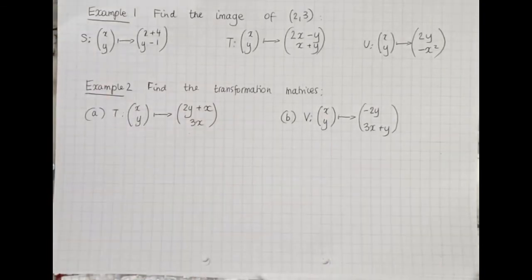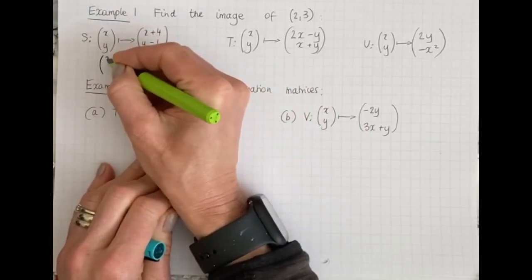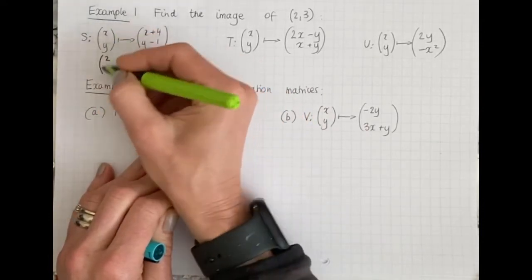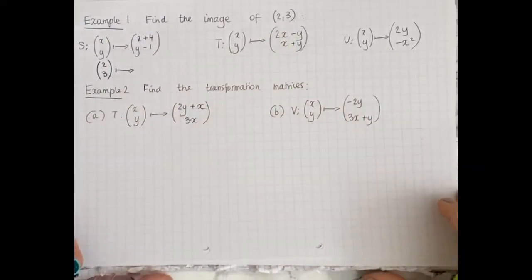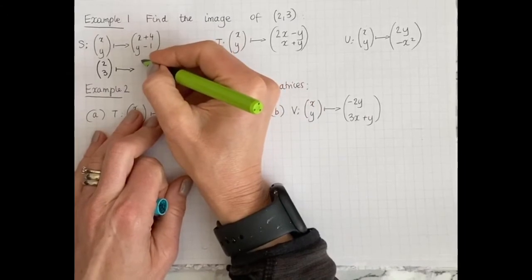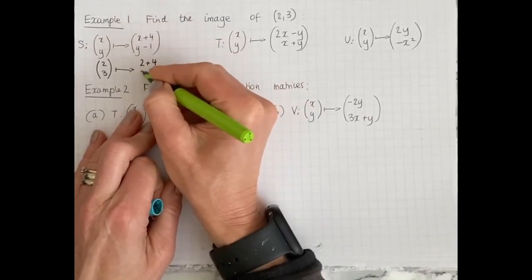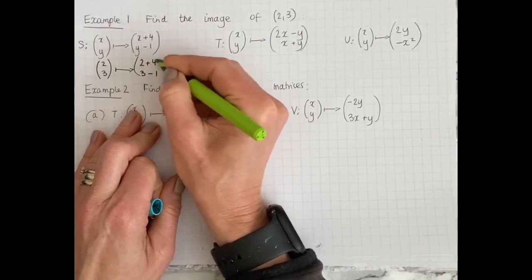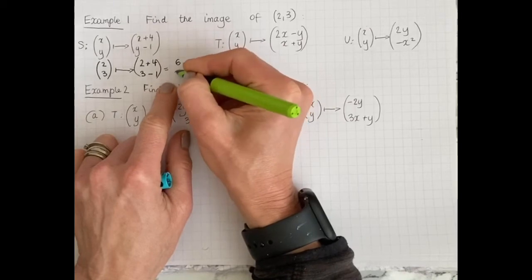So over here we are given that 2 can be substituted for x, 3 can be substituted for y. So this will go to 2 plus 4 and then 3 minus 1. So the image is going to be 6, 2.